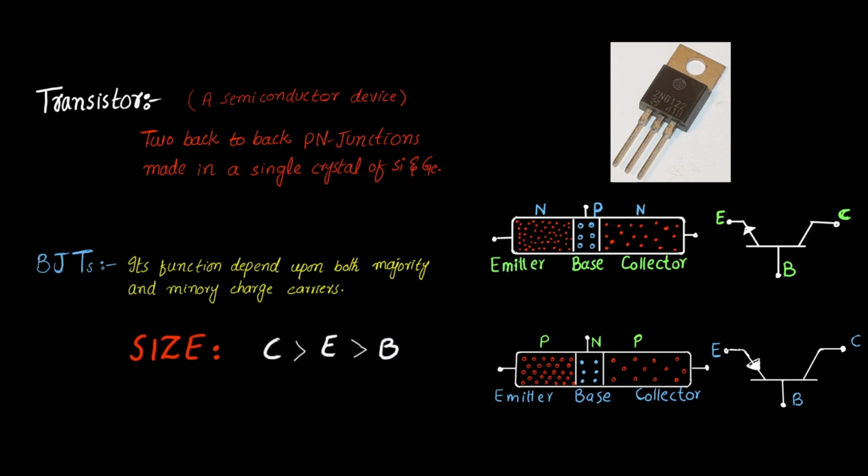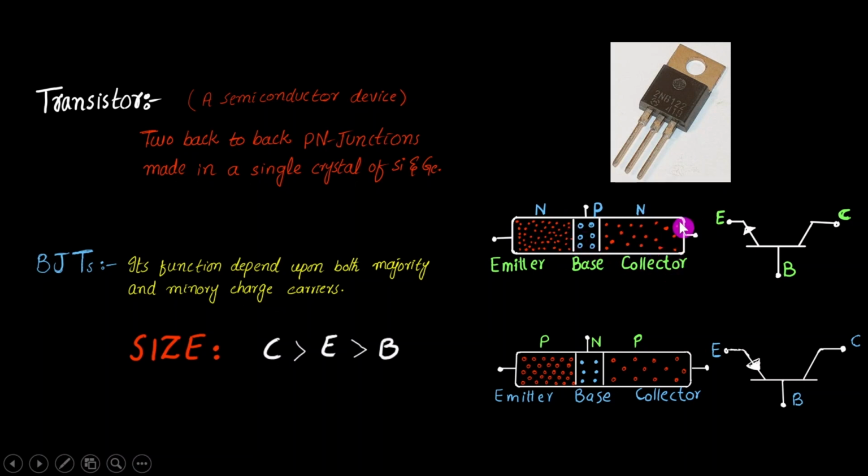Okay, so if we see this device on the basis of size, as I have discussed, this device has three regions. Which region has the larger size? Okay, so here is the pattern: the collector will have the larger size. As I have drawn here, this collector has more size as compared to the emitter and the base.